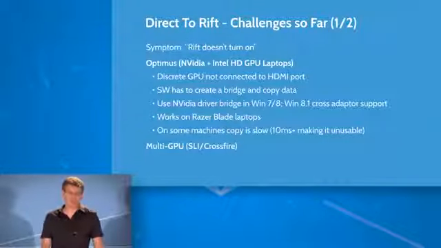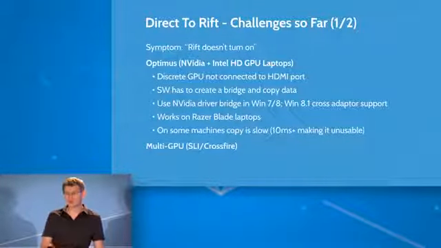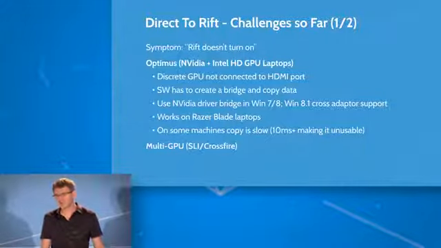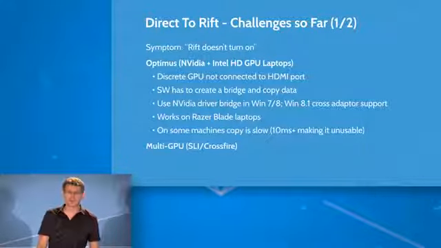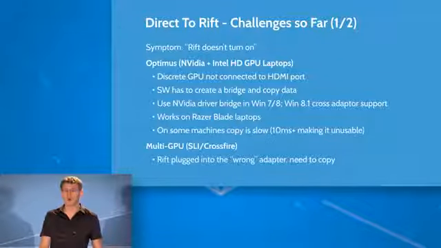In terms of the multi-GPU CrossFire configurations, those should generally be usable, but one trick is when the video is plugged into the wrong adapter, which is not the one which has a frame buffer. Again, the copy is needed, and our software would not detect that, and we're working on resolving those issues.